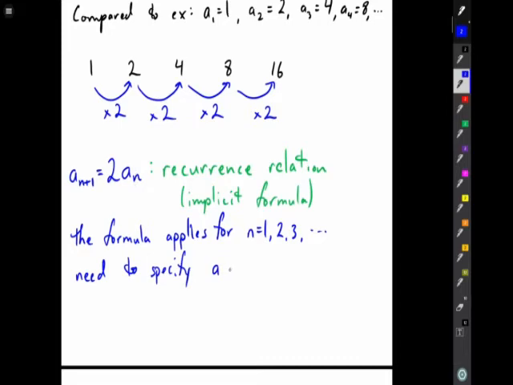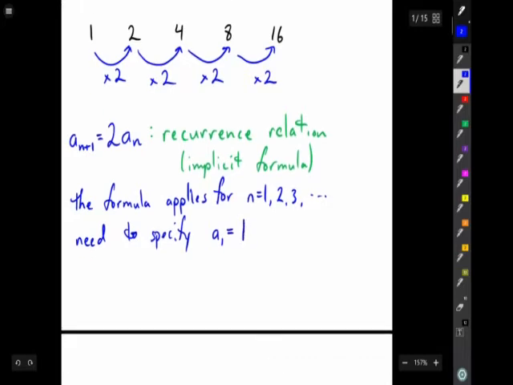There's no way we can do that. So we need to specify that our first term is 1. When we're writing something down with an implicit formula, it's better to start this way: our first term, a1, is equal to 1. And then moving onward from there, we can use this recurrence relation.